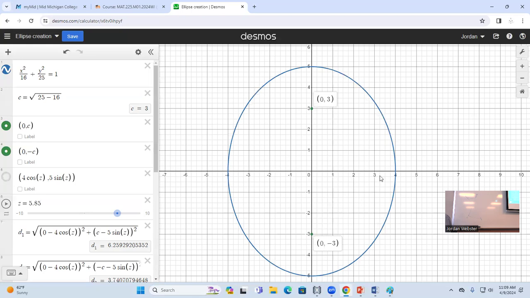Now, what's the interesting feature of these 2 foci? Why do we even call them focus?